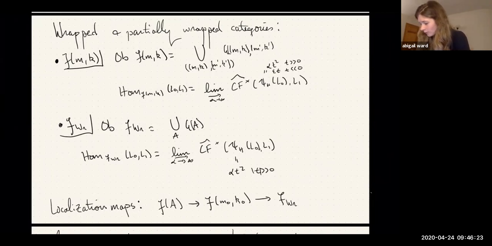What this means is you want to take perturbations by Hamiltonians which equal some quadratic thing at the wrapping end, and still equal epsilon times the absolute value of t at the other end. And then they form a system, and one way to say it is that the Homs are going to be the direct limit of these things.